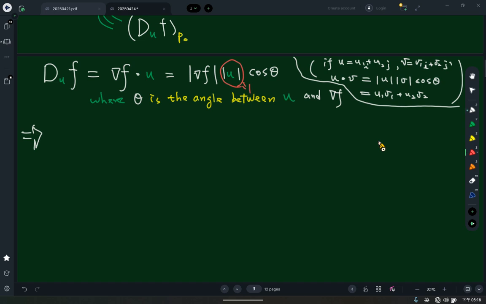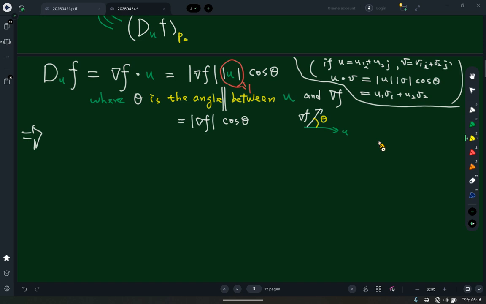So we can simplify it as this length times cosine theta. Cosine theta means if this is gradient f, this is u, then this is the angle between.